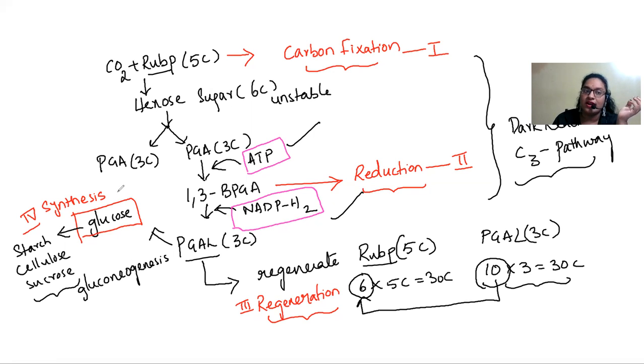So that is being called synthesis. But remember that there is a specific enzyme which is responsible for the carbon fixation here and making up a hexose sugar, that is called rubisco, the ribulose bisphosphate enzyme, which is a carboxylase. We call it a carboxylase. And what is RuBP? Ribulose bisphosphate.